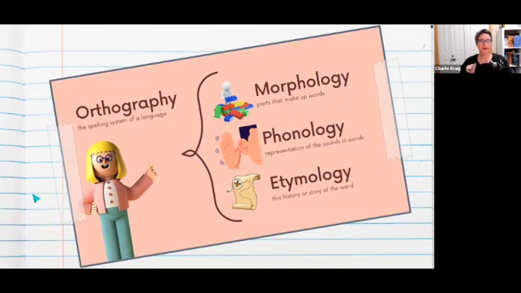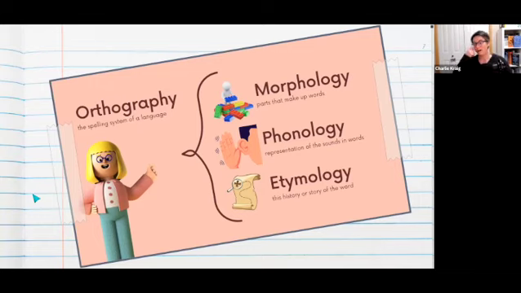When we talk about morphology, though, we're really not just talking about morphology. We're talking about the entire spelling system, which is wrapped up in the word orthography. And living under the umbrella of orthography are morphology, which is the parts and the structure of words; phonology, which is those sounds, that grapheme-phoneme correspondence that I know any of you working with the littles are really, really focusing on; and it's also the etymology, or the history or the story of the word.